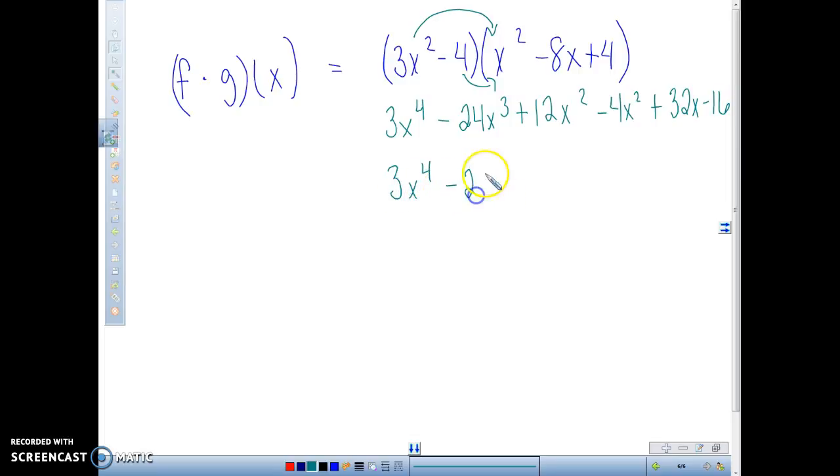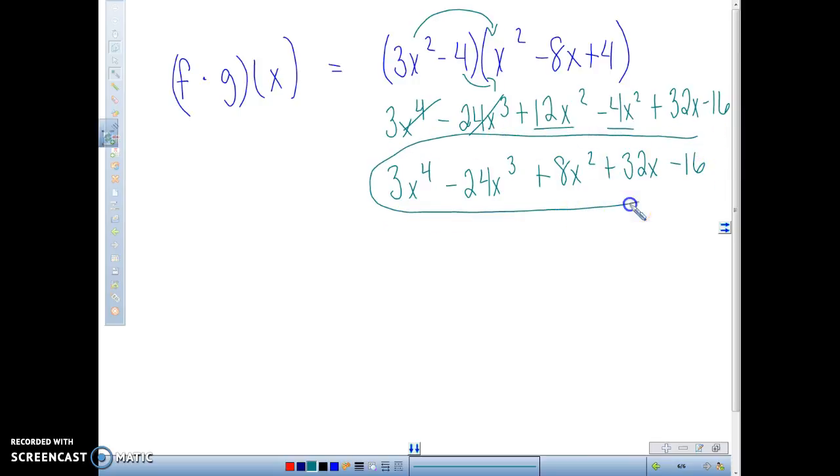There's nothing alike with the x cubed. So those come on down. Then we have a 12x squared minus a 4x squared. So we have plus 8x squared. Then we don't have any other like terms, so we just bring them down. That would be our answer.